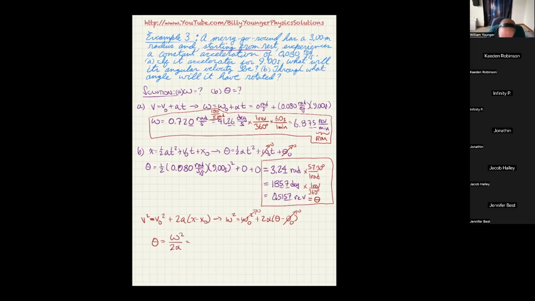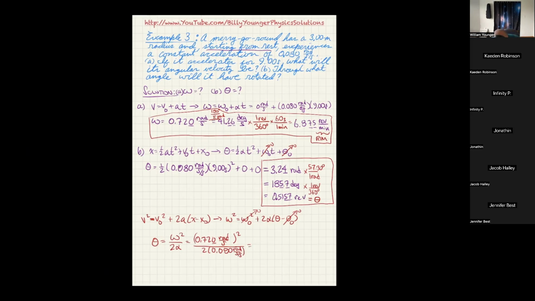So omega being the final angular speed, since we have the alpha in radians, I'm going to go ahead and use 0.720 radians per second. That's going to have to be squared divided by 2 times 0.080 radians per second squared, like so.